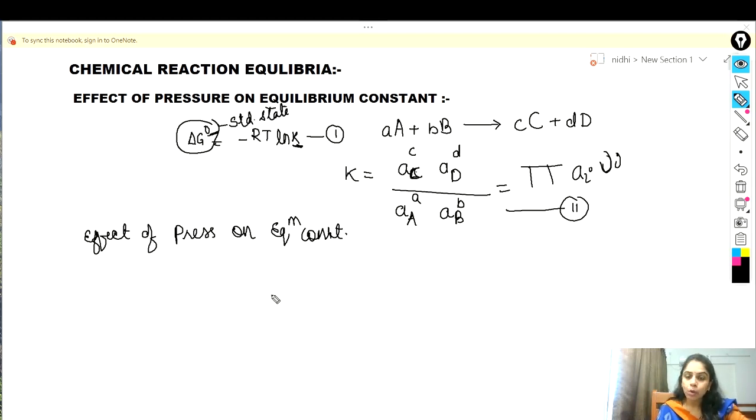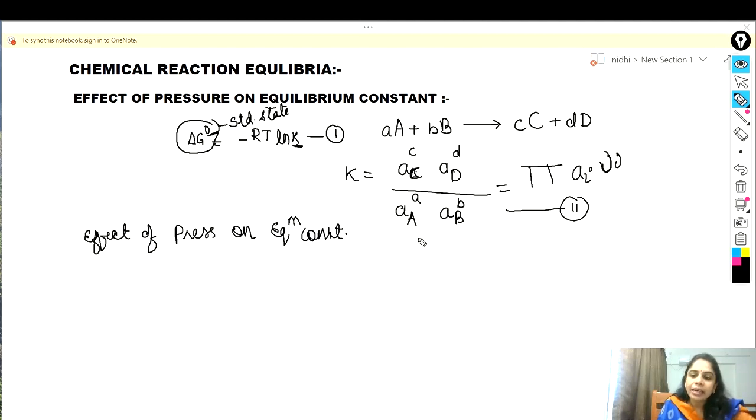Therefore, the equilibrium composition in reactions involving solids or liquids is not affected significantly by change in pressure. So to predict the effect of pressure quantitatively, the relationship between the equilibrium constant and equilibrium composition must be established. So we know the reaction equation, this is equation number 2, right?